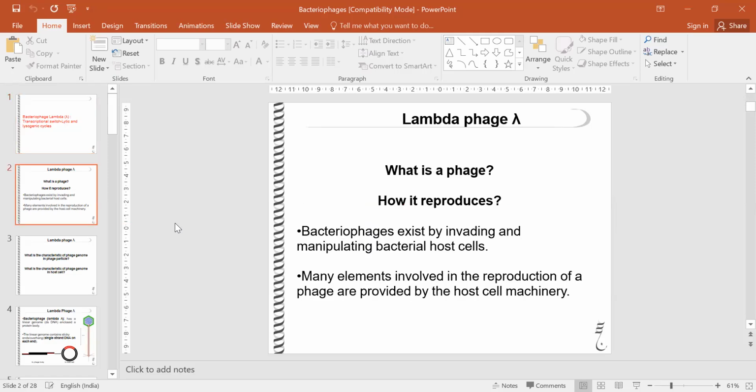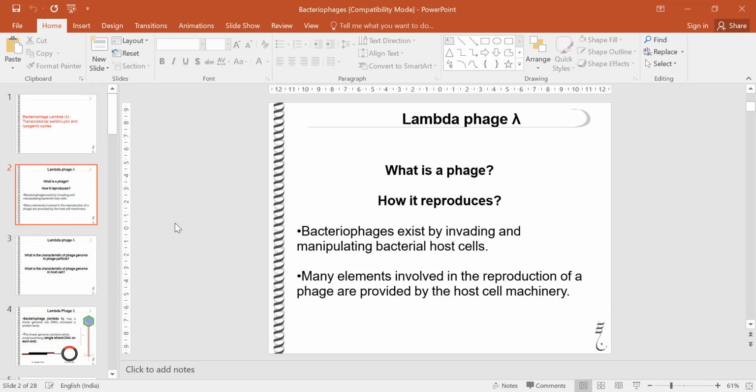So what is a bacteriophage and how does it reproduce? A bacteriophage exists by invading or infecting and manipulating the bacterial host cell. The bacteriophage can attack the bacteria.